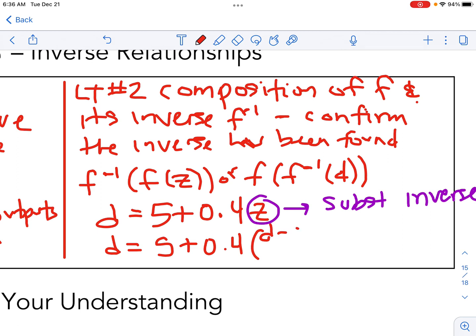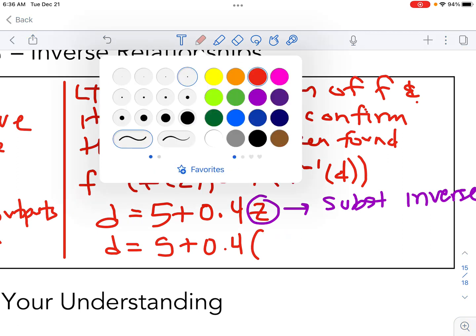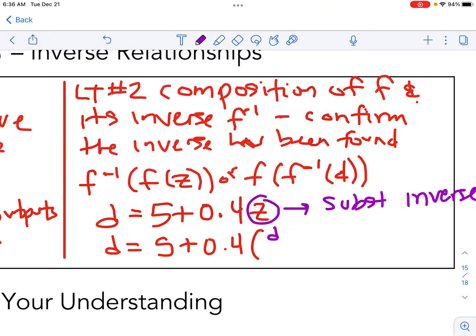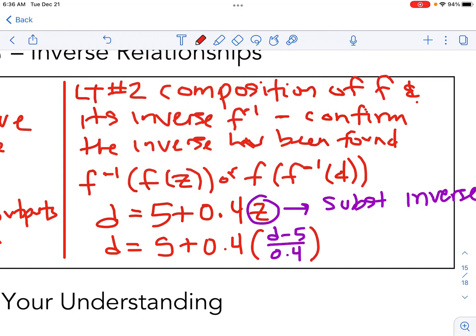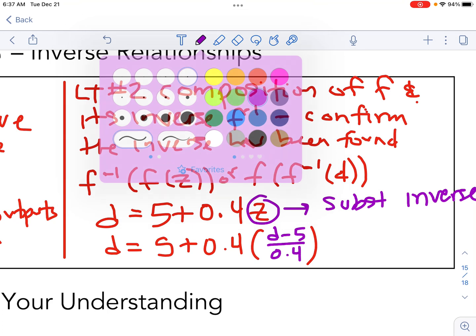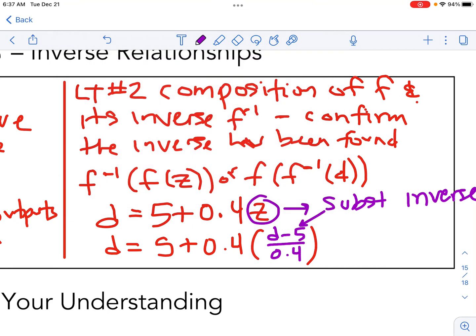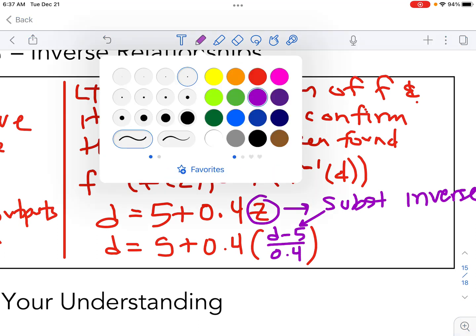and that inverse is up there in question 5, d minus 5, let me make that purple, d minus 5 divided by 0.4. And so I substituted in the inverse. I'm trying to color code here.